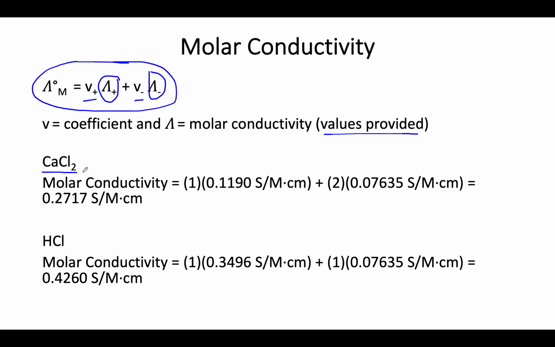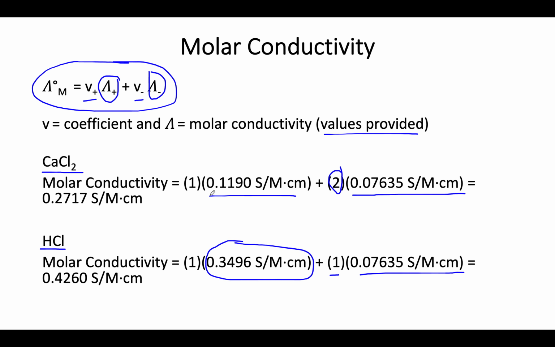So from the slide before, calcium chloride, we look and see calcium's 0.1190 Siemens per molar centimeter, and then the chloride here, 0.07635, and there's 2 of them. Well, the hydrochloric acid definitely doesn't have as much contribution from the chloride, so that's less, but look at this significantly different number here for the molar conductivity of the cation.